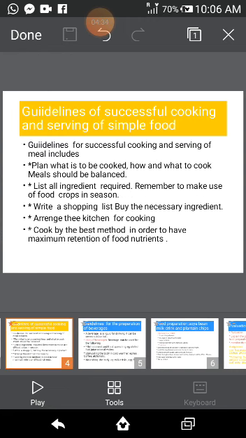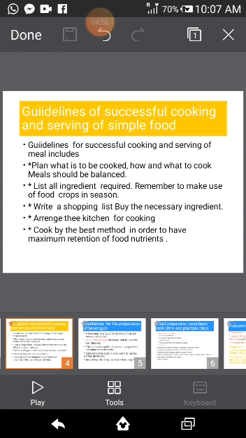Now, after making sure that you keep your food items and the utensils you are going to use to prepare them very clean, how are you going to make sure that your food is cooked and served in a good hygienic condition?